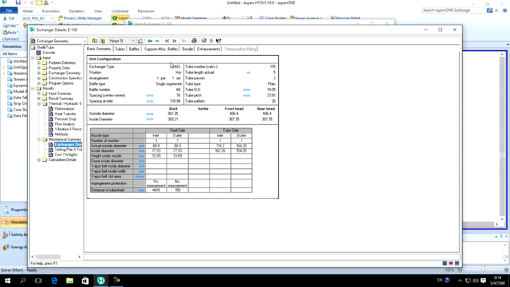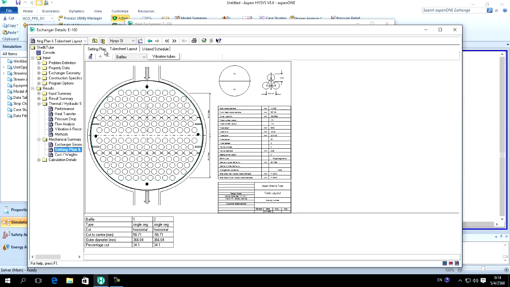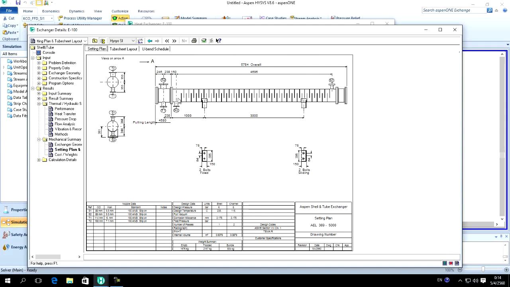And the type is AEL with the baffle number of 6 with the spacing of 76, while the spacing for the inlet is 178 here. So if you are not sure, let's see. See, there's a space here 178, while the baffle to baffle is about 76 millimeter. Okay, I think that's all.